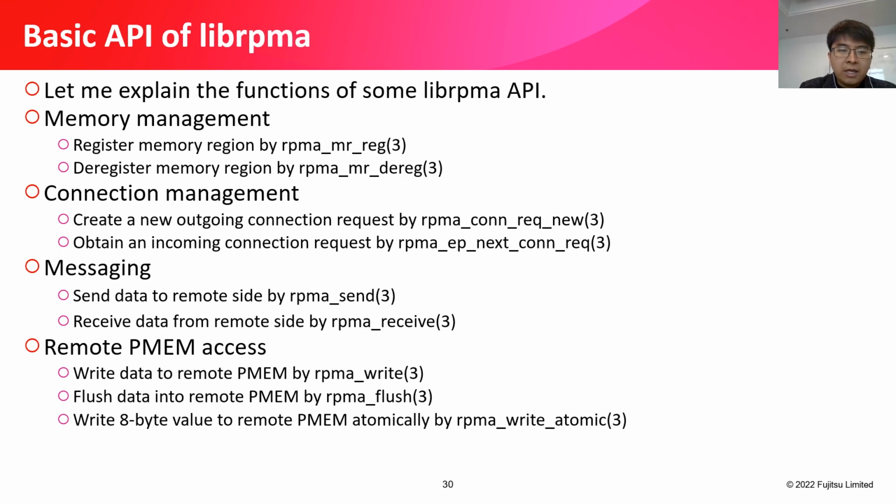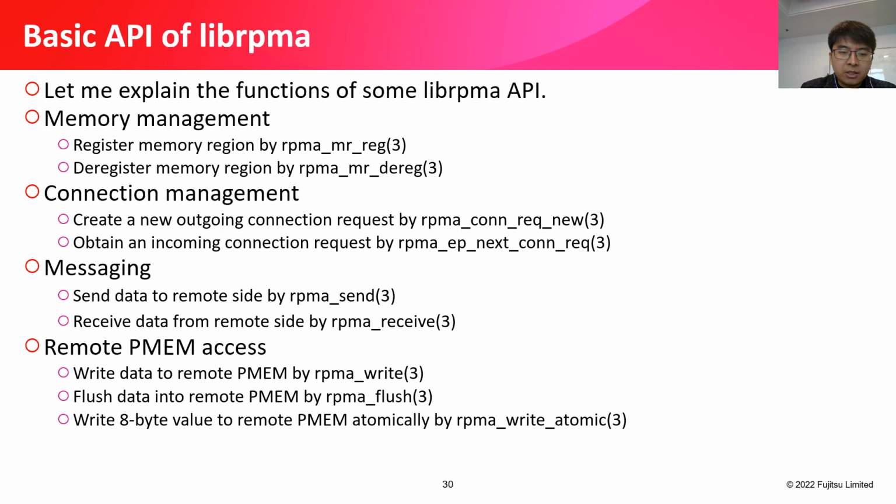For connection management, we can create a new outgoing connection request by rpma_conn_req_new and obtain an incoming connection request by rpma_ep_next_conn_req. For messaging, we can send data to the remote side by rpma_send and receive data from the remote send by rpma_recv.